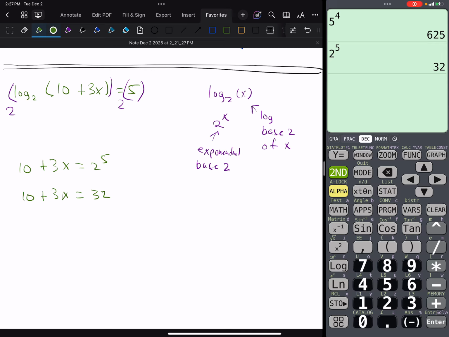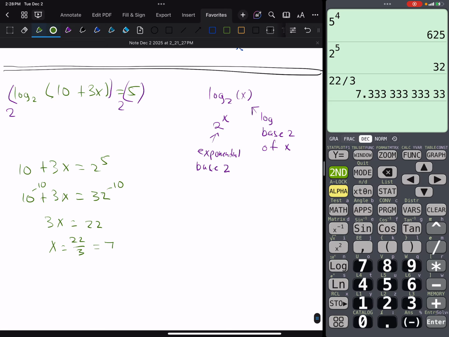I'm going to subtract the 10 from both sides to get rid of it on the left side. I'm going to have 3x equals 22. x equals 22 over 3, which is as simple as I can write that. Or, if I want a better feel for it, 22 over 3 equals 7.3 repeating.